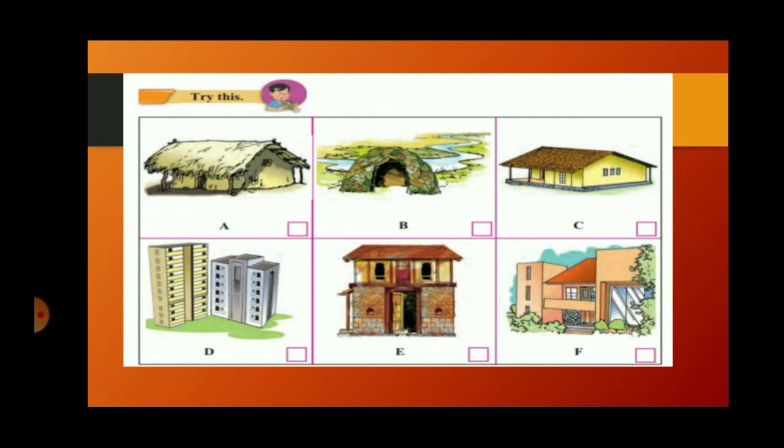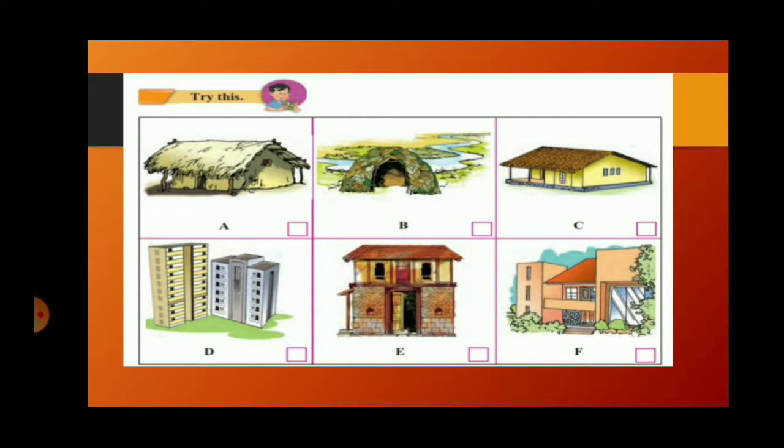Materials such as bricks, cement, iron, wood, water, glass, sand, roof tiles, tin sheets, etc. are used for building houses.